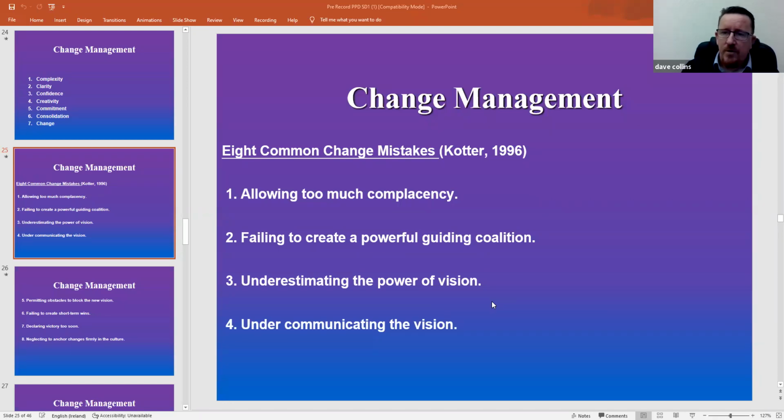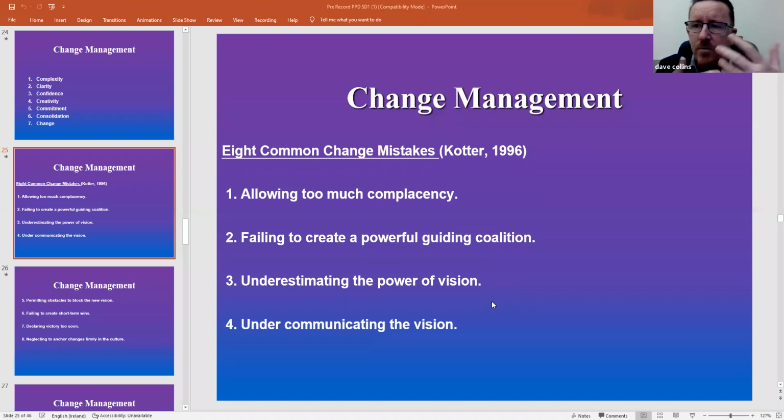Like I mentioned previously when we talked about our own personal stuff, underestimating the power of vision. It's fine when you're doing your own personal or professional change for yourself. Your vision, you can see it in your head, and nobody else needs to see that, only you, because it's your own personal thing.